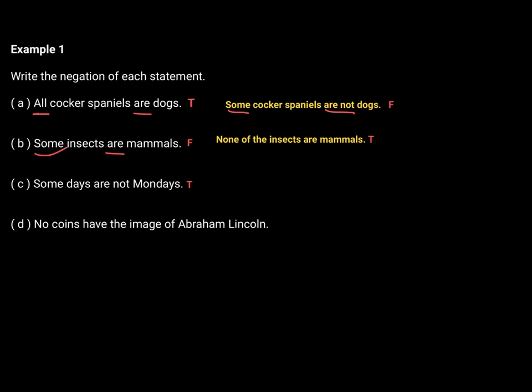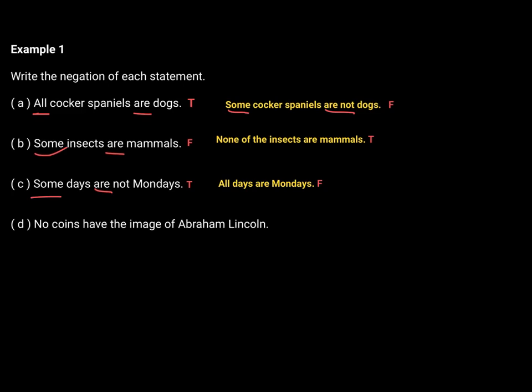The negation of some are, let me write that in red here so it can pop a little bit. Some are. The negation, therefore, is going to be all are. All days are Mondays. And of course, that's a false statement. It needs to be false. All right, very good.